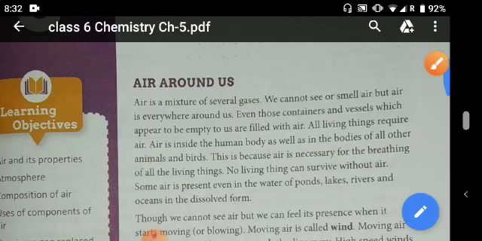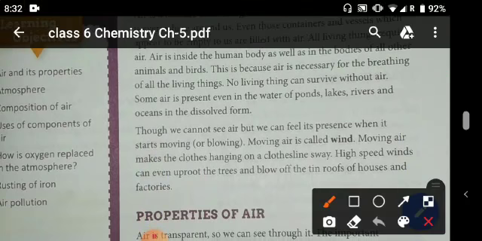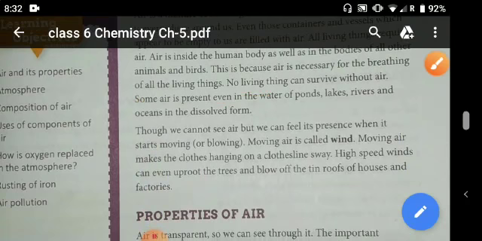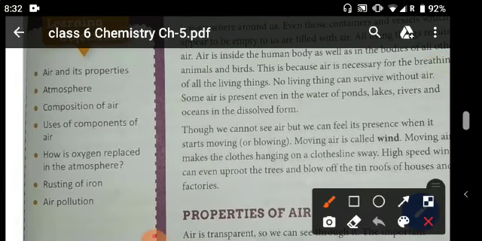This is because air is necessary for the breathing of all living things. No living thing can survive without air, and air is present everywhere. It is present in ponds, lakes, rivers, and oceans.